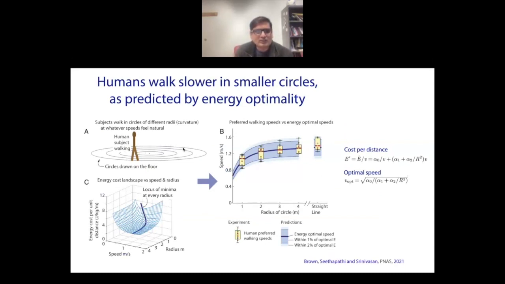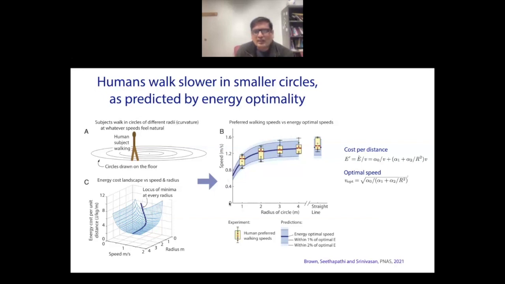It turns out that just like people systematically decrease their walking speed for shorter and shorter distances, people systematically decrease their walking speed for smaller and smaller circles. Those are these yellow box plots with some subject to subject variability.